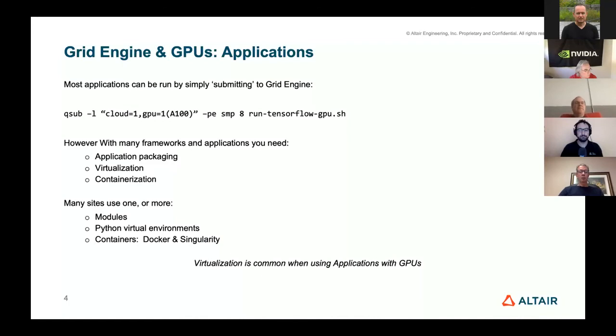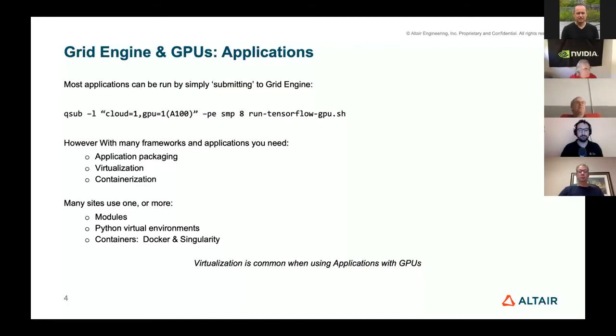In response to that, a lot of people took the pragmatic approach. They did the obvious things. They figured out ways to package the applications, to virtualize them and containerize them. And a lot of these frameworks rely on many other open source tools to work well. So in making the choice of which way to do it, you have different variables.